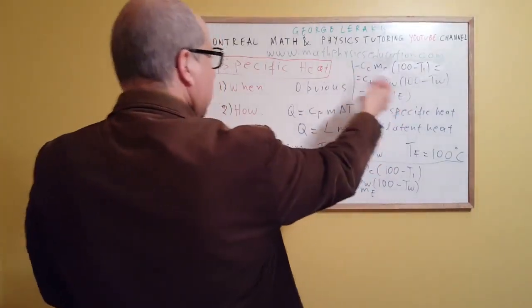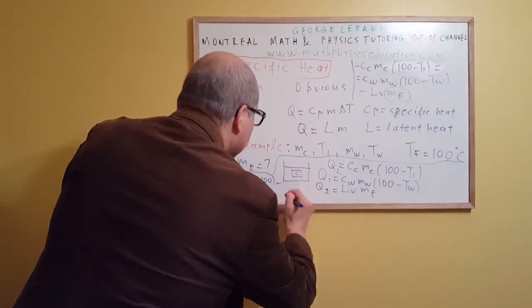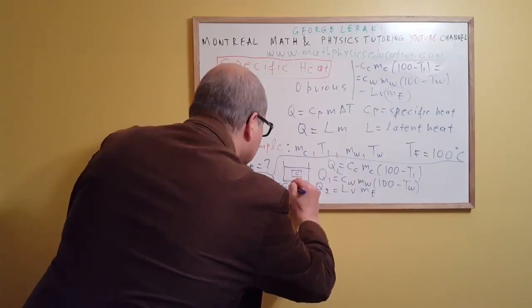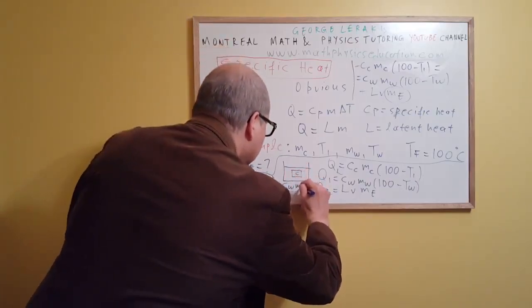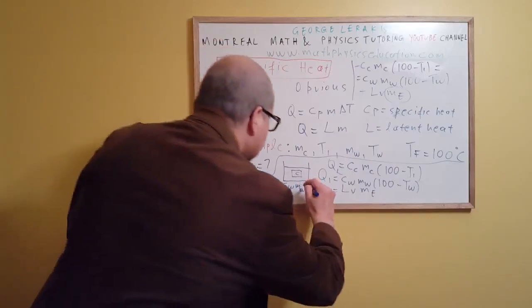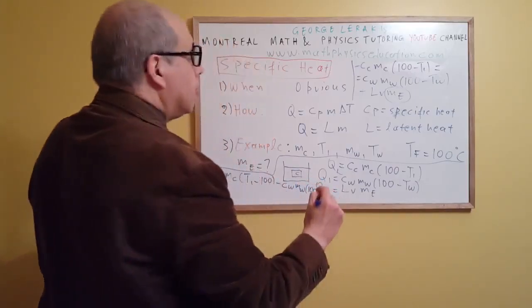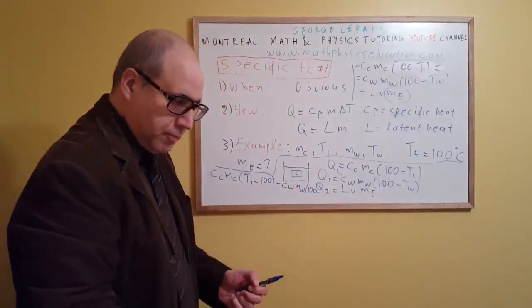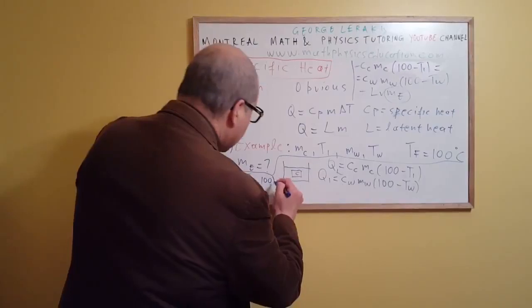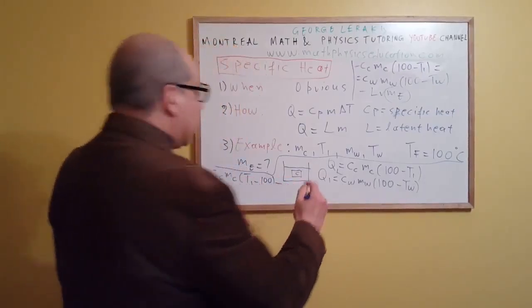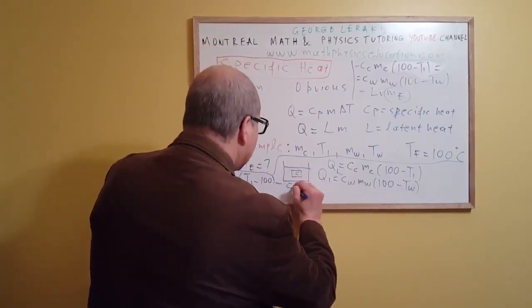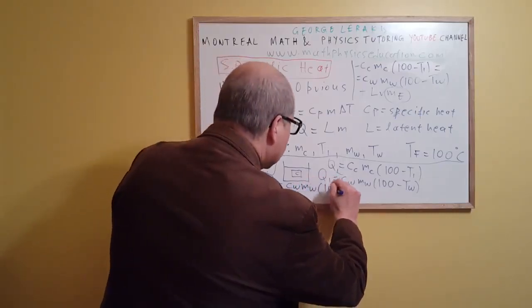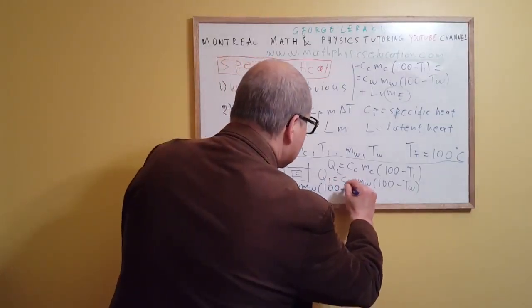So we'll bring also this to the left hand side, so that should be minus CW MW times 100 minus TW.